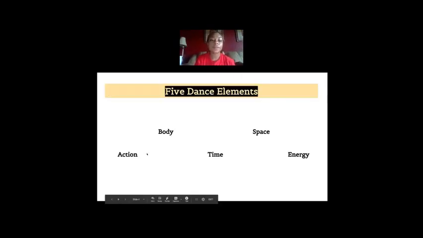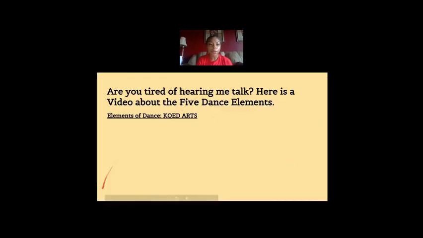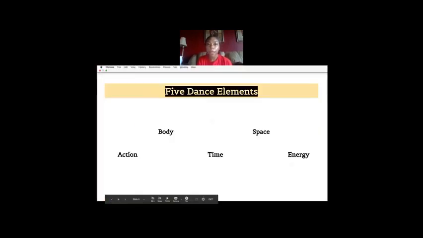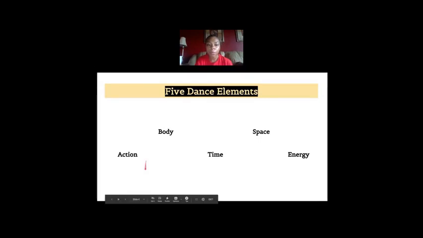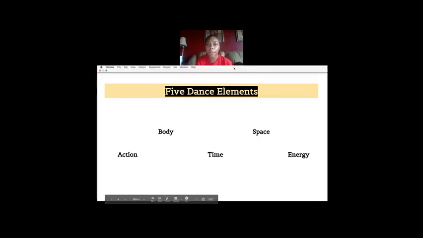So these are the 5 dance elements: body, action, time, space, and energy. And if I were to go back and annotate it, it all connects to each other.